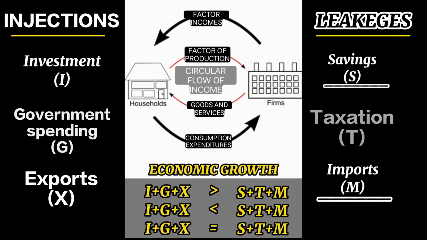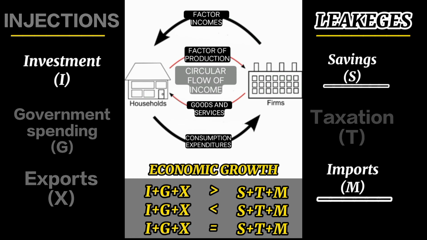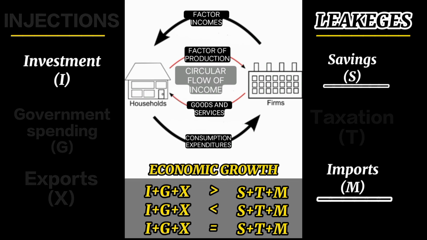And if we can measure any one of these three things in our circular flow of income, we can get a precise number of GDP, and then year on year, we can say if that number is rising or falling, and therefore, we can precisely measure economic growth.